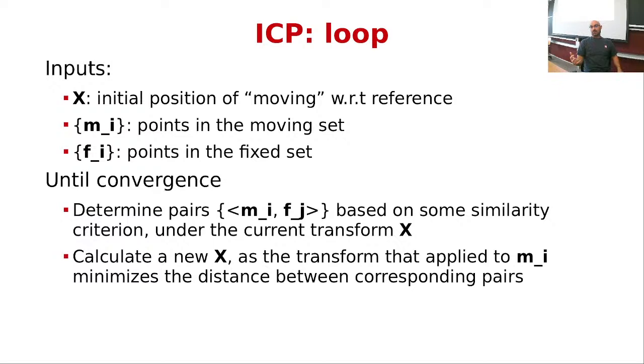What is easy in ICP is to determine, given the correspondences, a configuration of a transform that brings them closer together. This is a mathematical part, which is easy computationally wise. It can be done very, very quickly.